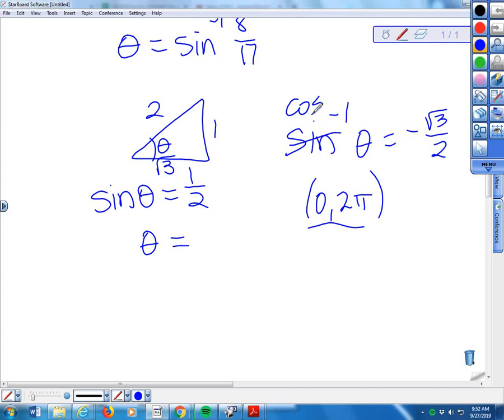Where's x negative? 2 and 3, right? 2 and 3. And so, again, pi with a denominator of 6 is 6 pi over 6. One less, that's my reference angle. 5 pi over 6 or 7 pi over 6. Those are the two angles that this is true. See how that works? Now that we know the unit circle, we can answer questions like this without a calculator. And you will.